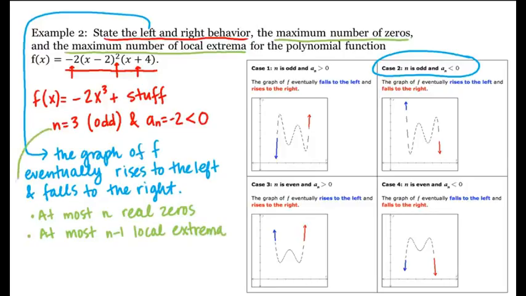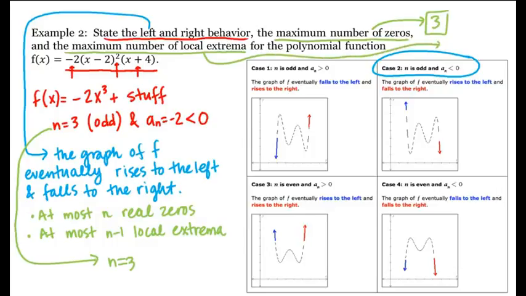So here n is 3, which means coming back up here, the maximum number of zeros then would be 3. And the maximum number of local extrema would be 3 minus 1, or 2.